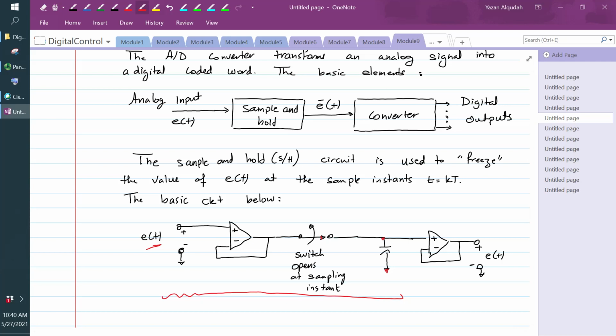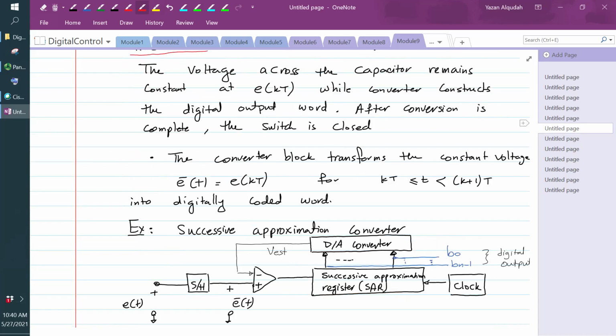Does that make sense? So the idea again is every T seconds I'm going to be closing the switch to take the sample of the input value, and then I'm going to open the switch. I'm going to hold that value till I do the conversion, and then I'm going to close it again to get a new value, and so on and so forth. Okay.